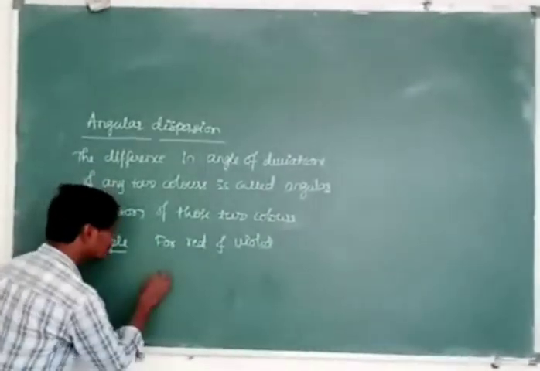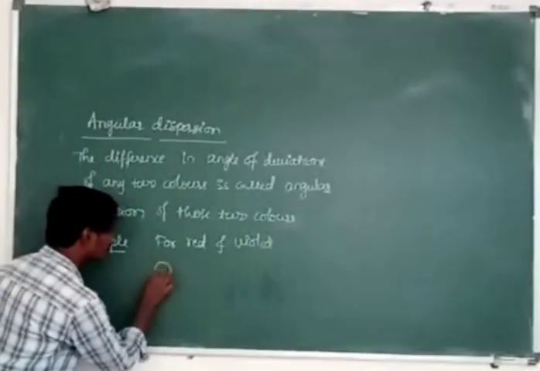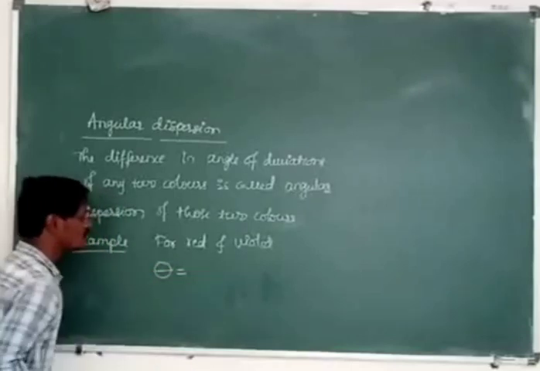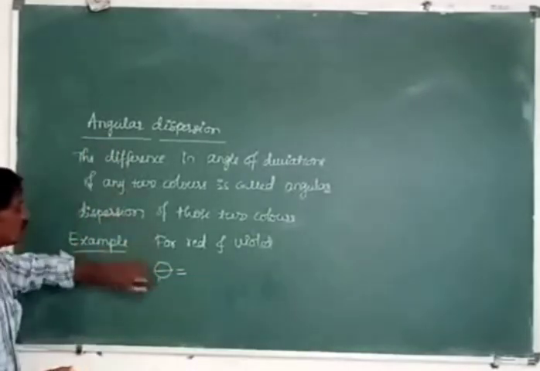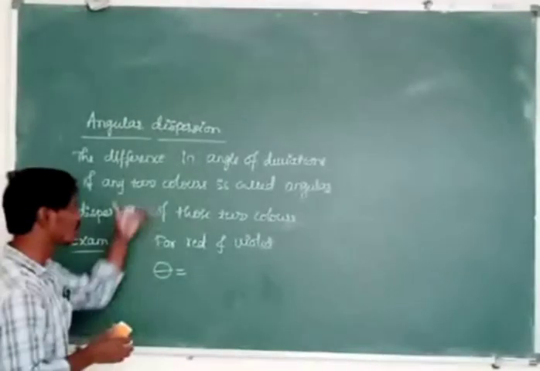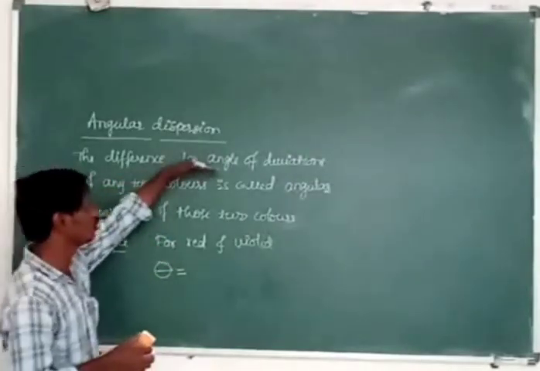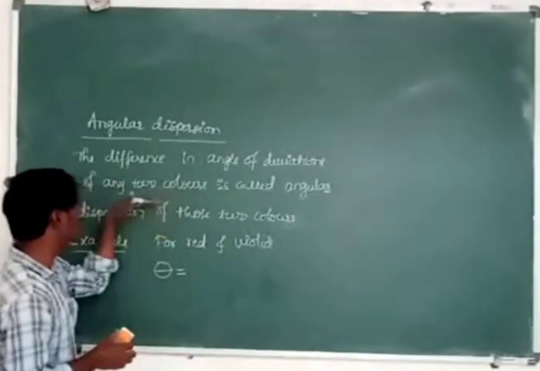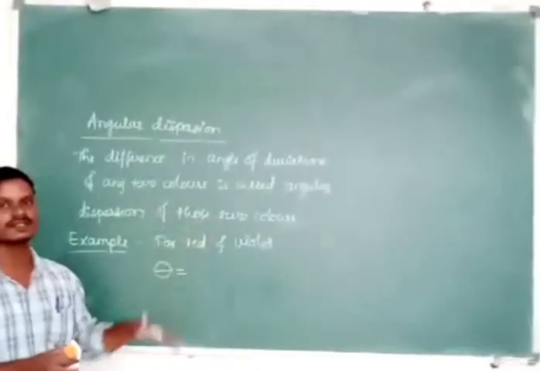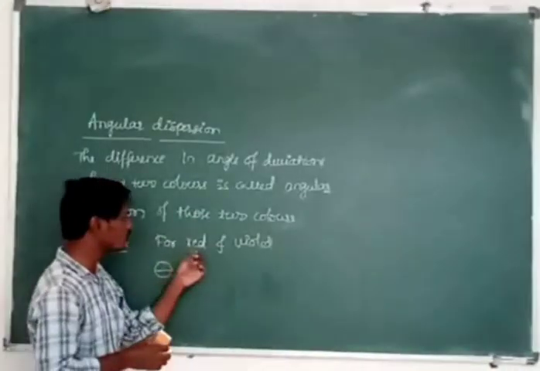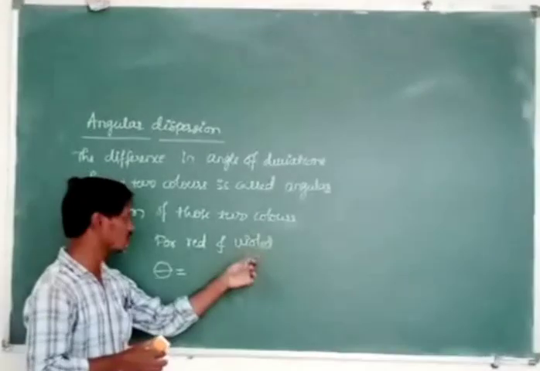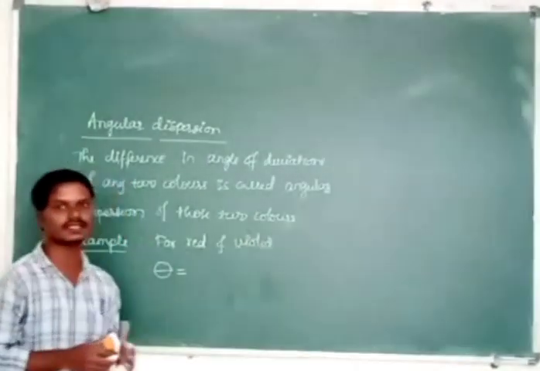The angular dispersion is represented by theta, because it is an angle between the angles of deviations of any two colors. Any two colors you can take, but here I will take red and violet.